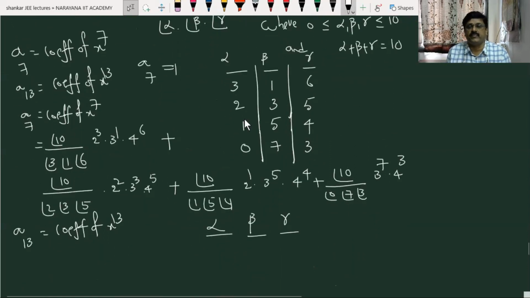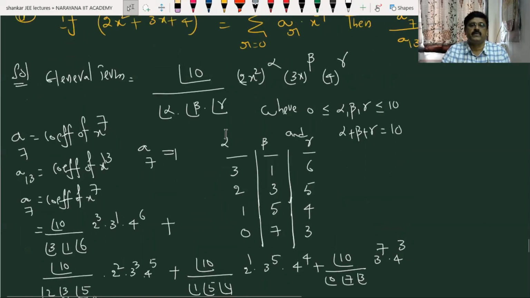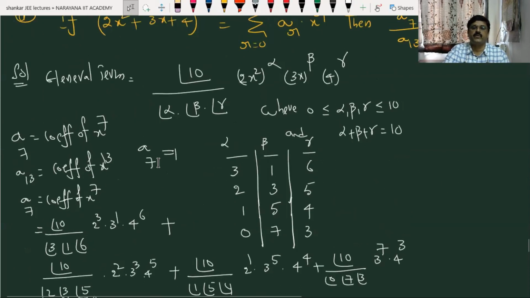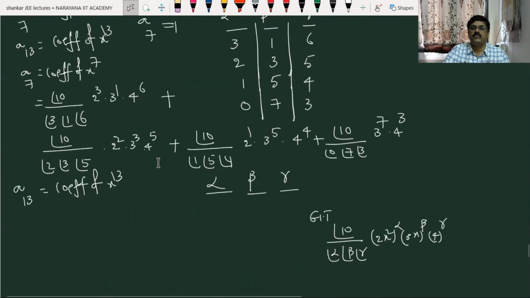Again I am writing general term for my comfort. General term is n factorial by alpha factorial, beta factorial, gamma factorial into 2x square whole power alpha, 3x whole power beta, 4 power gamma.